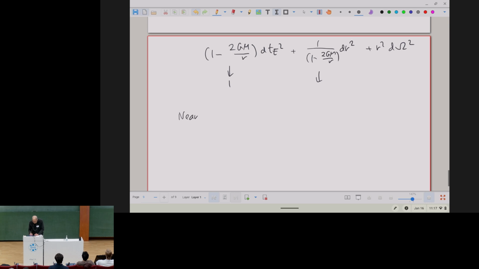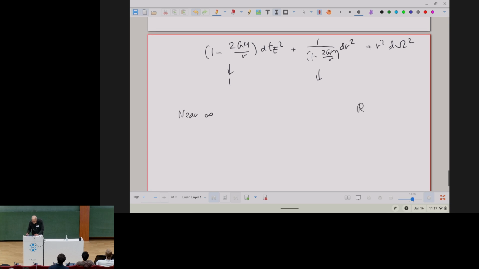So near infinity, this part here becomes dr squared. This part there becomes the metric of R3 in spherical polar coordinates. And this part just becomes the metric of a circle. The circle has period beta, where beta is 8 pi GM. Hawking's beta.